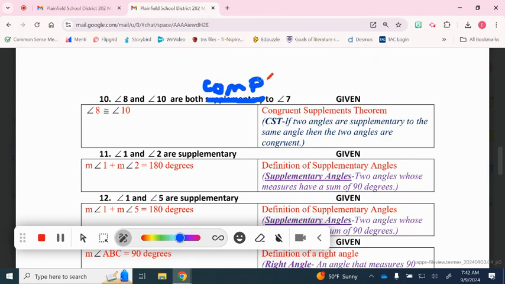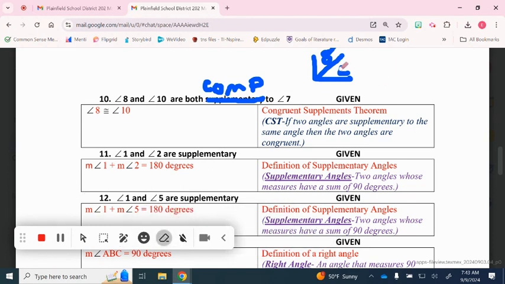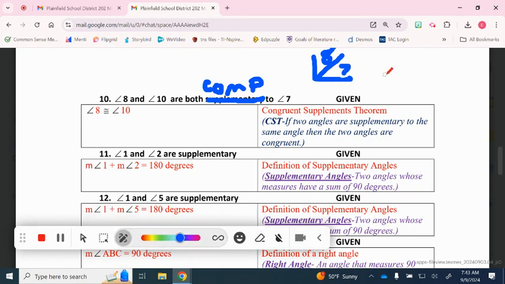Nothing really changes here, except now if angles 8 and 10 are both complementary to angle 7, then like if we had something like this, and this was angle 8, and we had a 7 here, and then angle 10 is complementary to this, we're basically saying that this and this have to be congruent to each other.